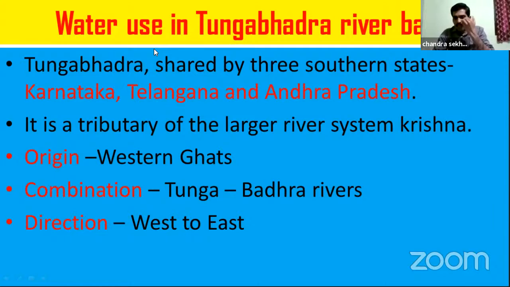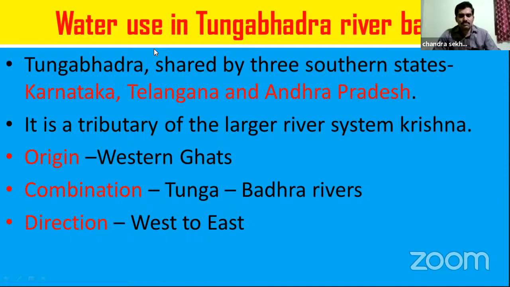Okay, Tungabhadra is a combination of two small rivers, that is Tunga and Bhadra. These two small rivers joined as the Tungabhadra river. The direction of the Tungabhadra, as usual, is west to east flow. Most of the peninsular rivers flow from west to east only, because the slope of the land is tilted towards the east.